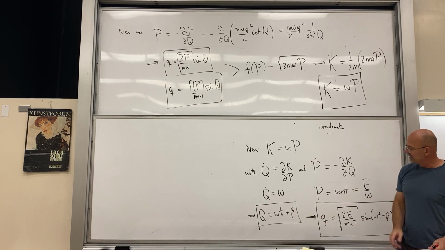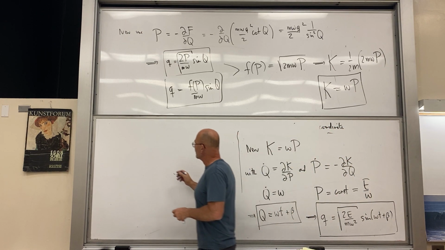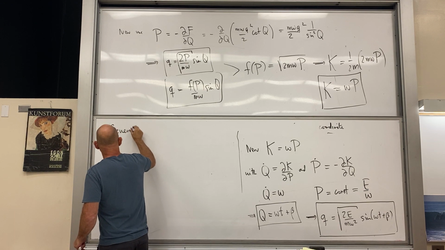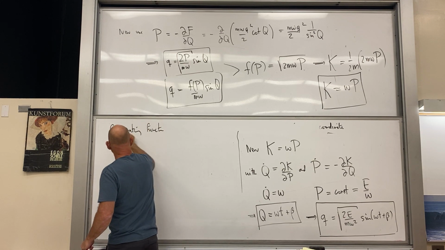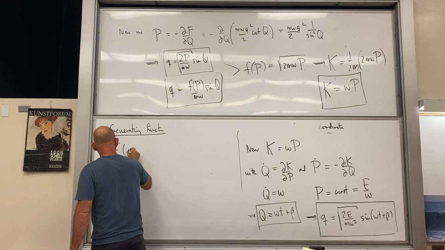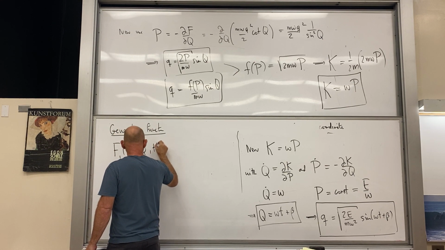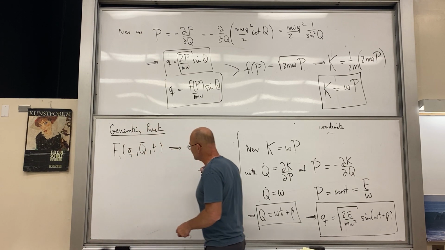So what we need is the generating function. What I had here was an F1 of q, Q, and t, and then we got those relations there.